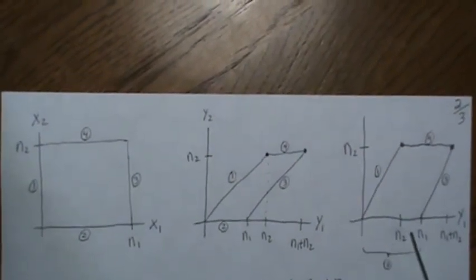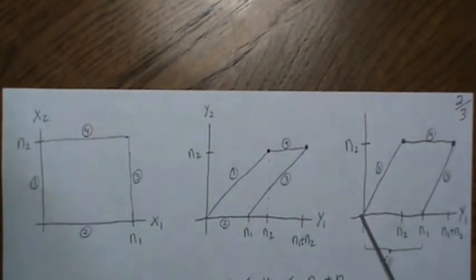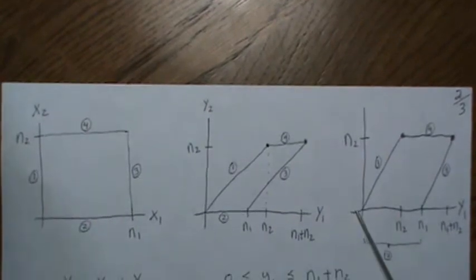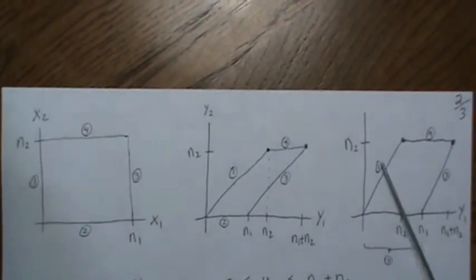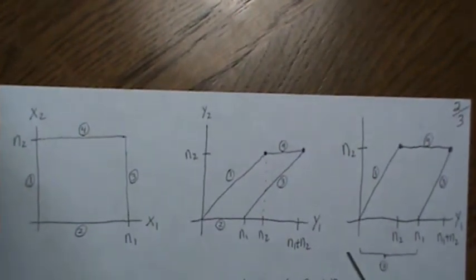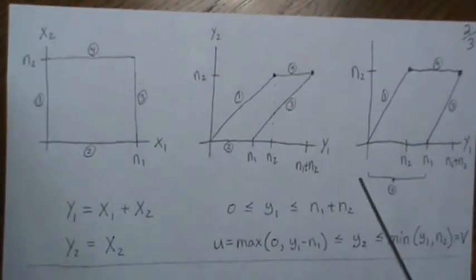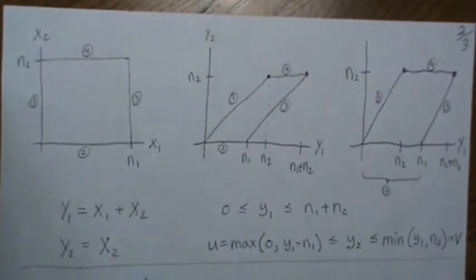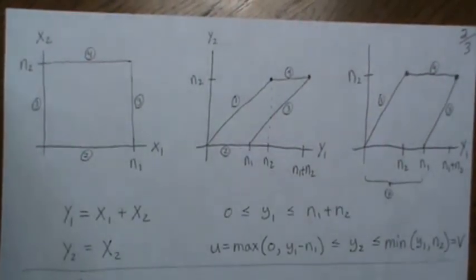Okay, and so it goes to n1 and then up to n1 plus n2. And this one, since n1 is bigger, it goes past it and then up, and then it goes over to n2 each time and then back down. But in either case, it's the same. So now to find the regions of these two, there's kind of two different strategies to do this.